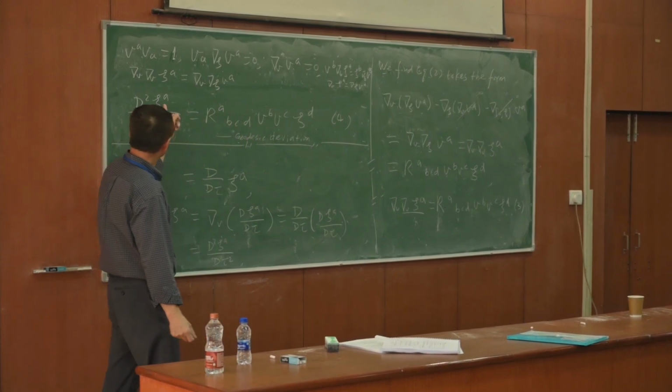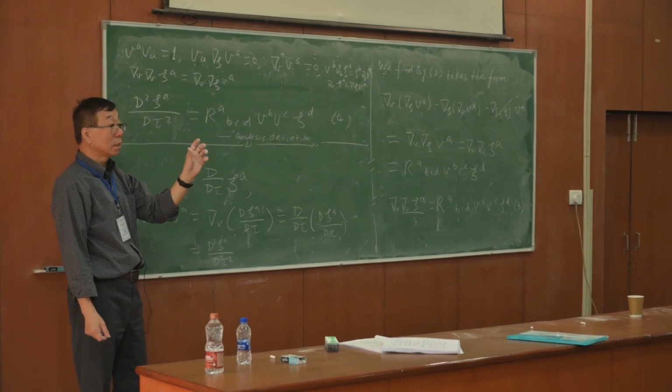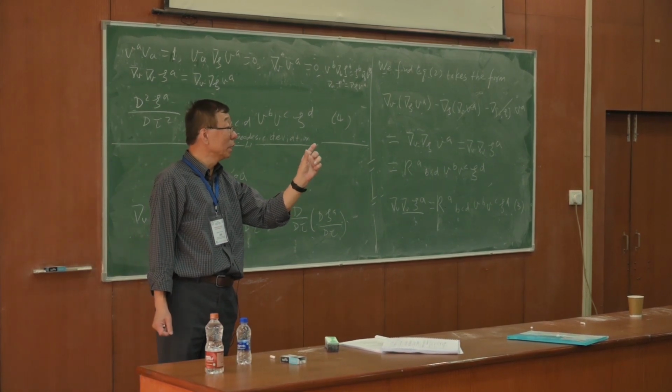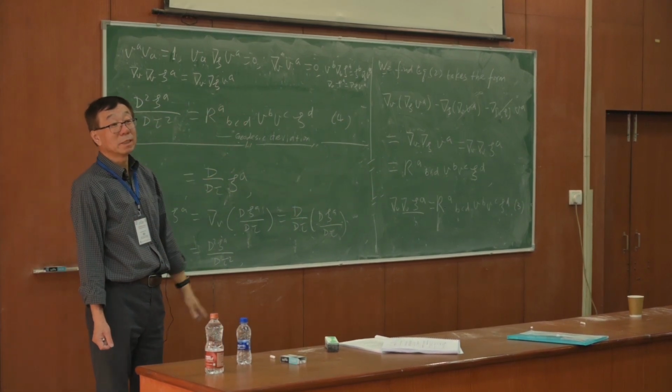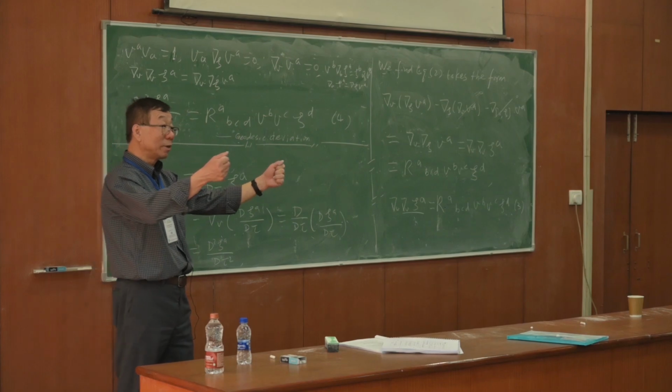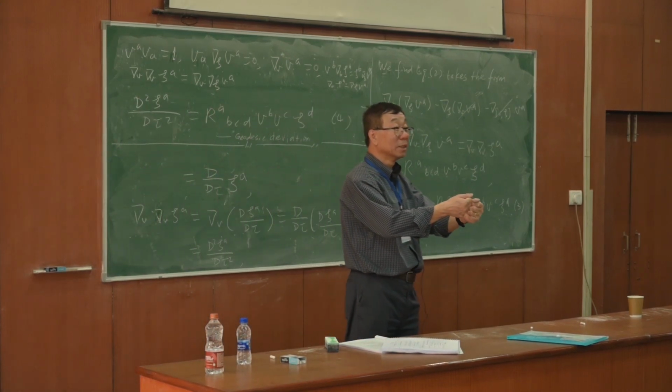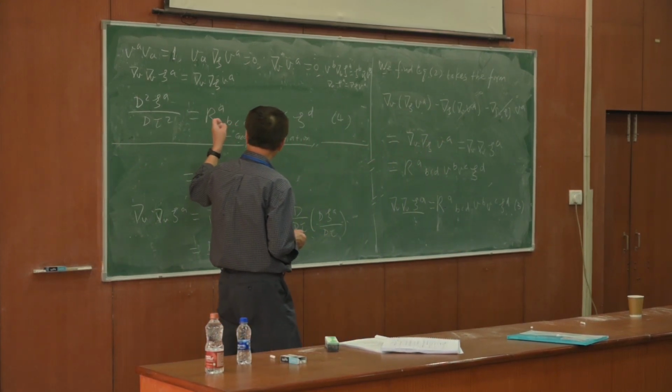So this is actually the deviation vector. It characterizes the difference between two nearby geodesics, right? The second derivative gives us acceleration, and acceleration connects with the forces, right? So that's why this guy is important.